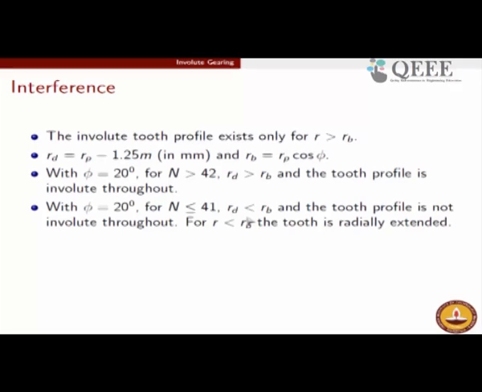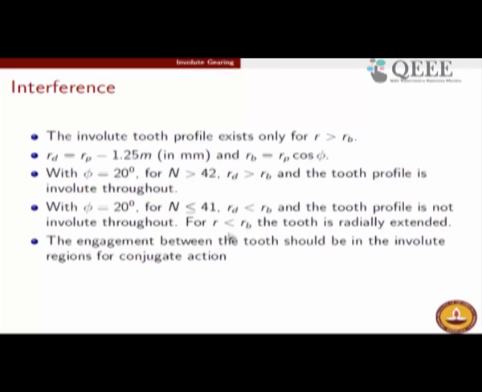So in between the base circle and the dedendum circle there is a region where the tooth profile is not involute, and this case deserves special attention, because if you do not have an involute tooth profile, for one thing you will not be able to satisfy the fundamental law of gearing. As we said, in this region falling below the base circle, we simply assume the tooth profile is radially extended, but this leads to some problems, as we will see.